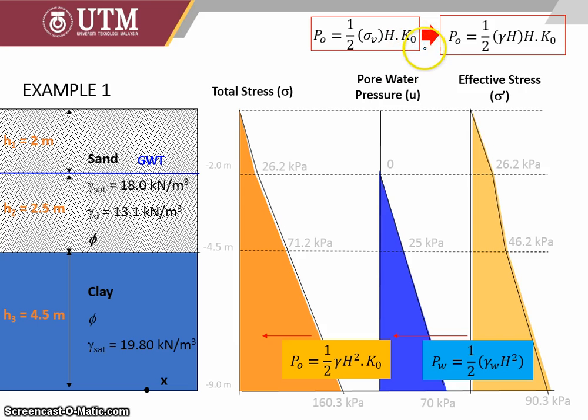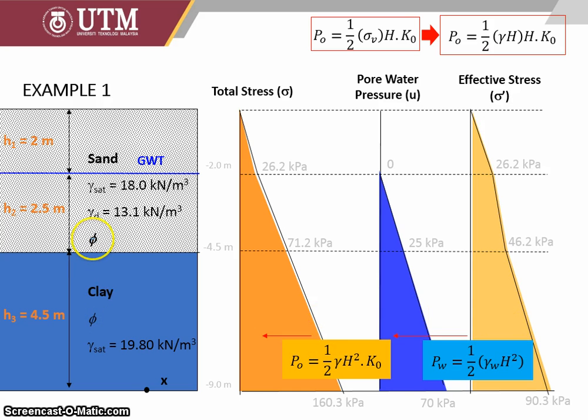So how do we define K naught? Usually K naught is defined by using K equals 1 minus sine phi, where phi is the internal friction angle. So instead of only knowing the unit weight of the soil as previously, now we have to get more data from site in order to understand how much lateral pressure is acting on the soil.